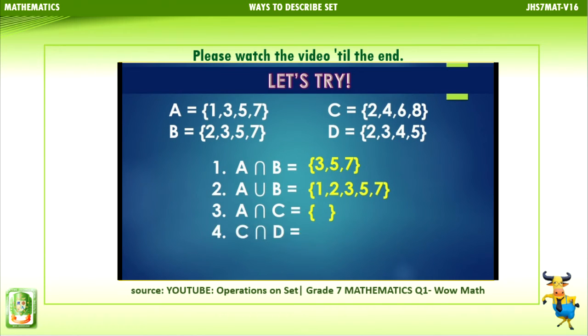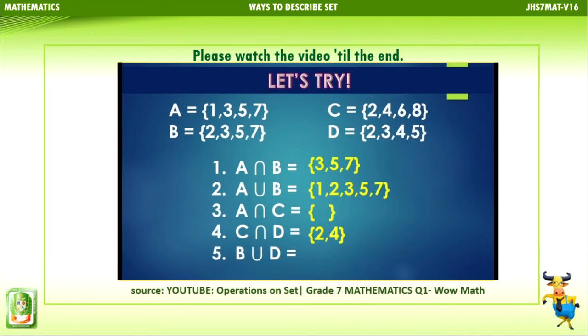Next, number 4, the intersection of set C and D. So, etong dalawa, kunin natin kung anong meron kay C na meron kay D. So, pareho silang may 2 and 4. So, therefore, the intersection of set C and D is equal to 2 and 4.